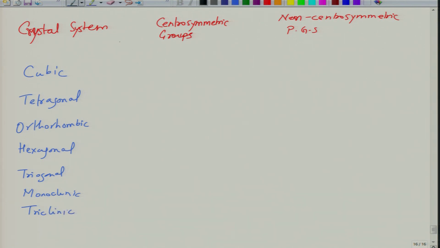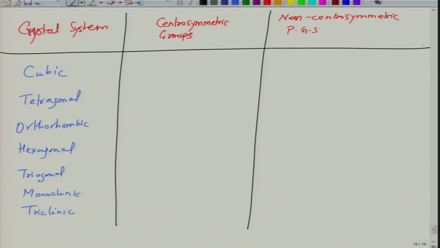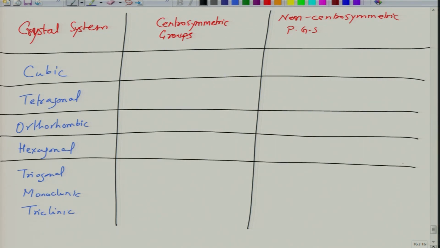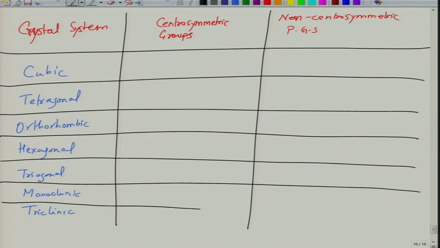Among these, let us say we have these point groups: cubic, tetragonal. Among these we have m3 and m3m, which are centrosymmetric, while the others are non-centrosymmetric.